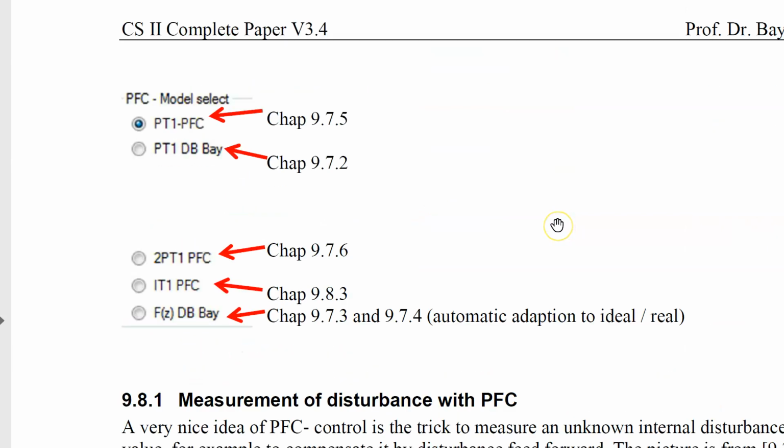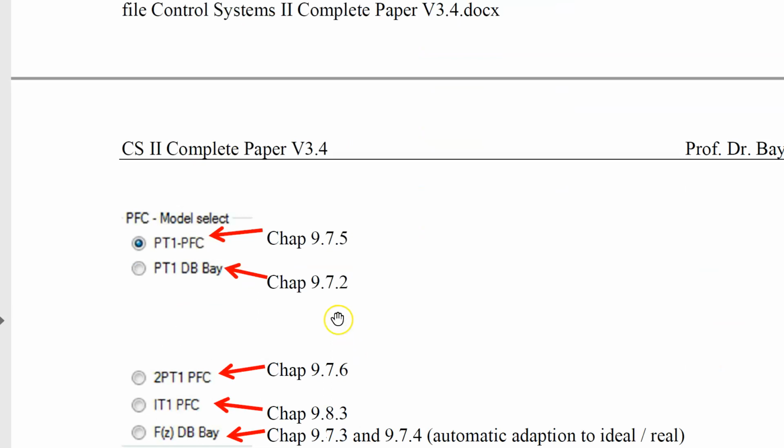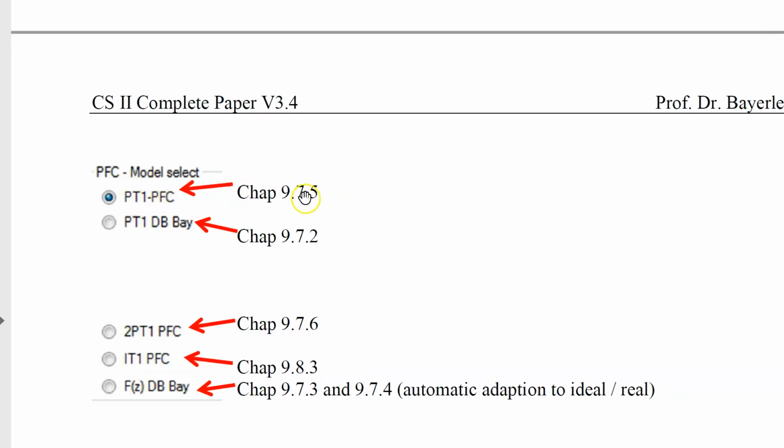And if you open the parameter box of the PFC, you can see I have given you some information that you can find this controller described in this chapter, this controller in that one, and so on. So this, I think, helps to get the correct simulation for the correct description in this paper.